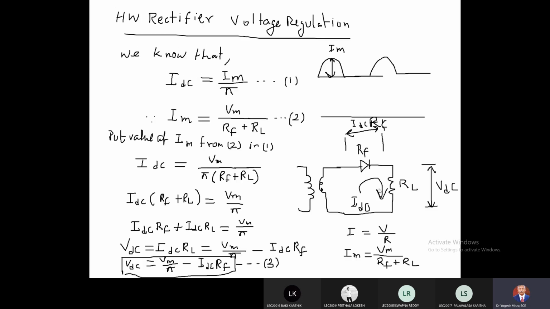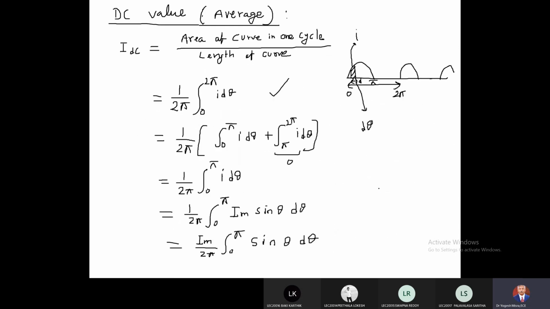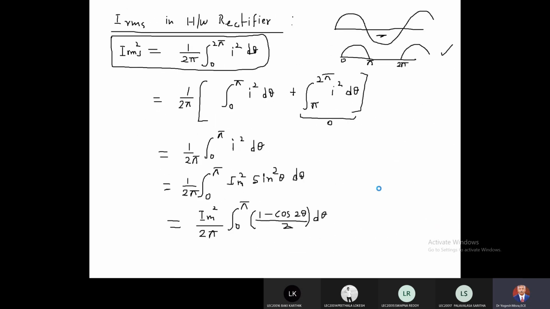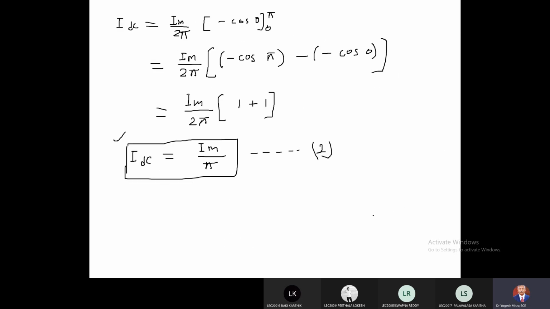Already we have calculated this in an earlier example. For half wave rectifier, it is IM by 2, right? For a sine wave, the RMS value will be Im by root 2. But here we are talking about the AC current in the load of a half wave rectifier, so its value is Im by 2.